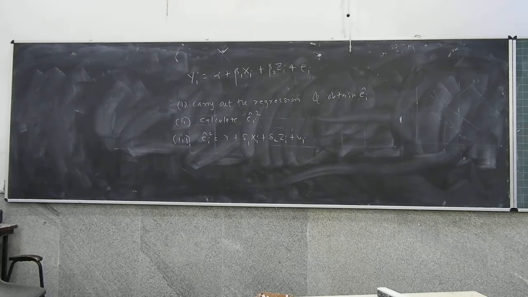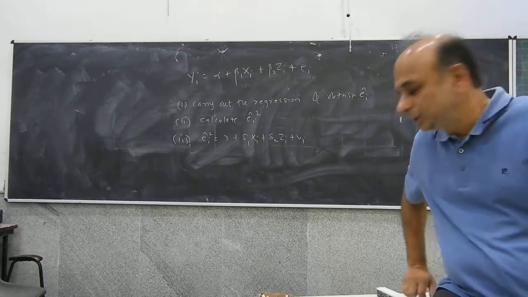So in the context of equation 3 that you got, what does that mean? When will the variance of the error term not change with X and Z? You need to impose some restrictions for that to be true. What are those restrictions?